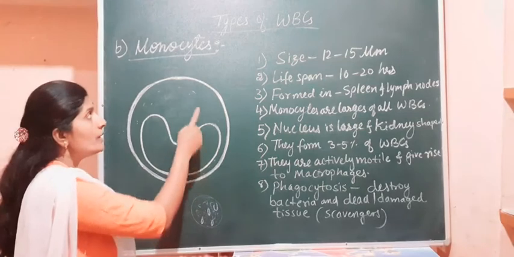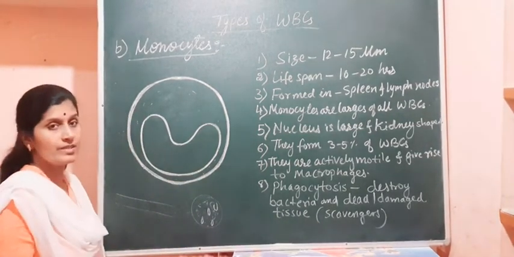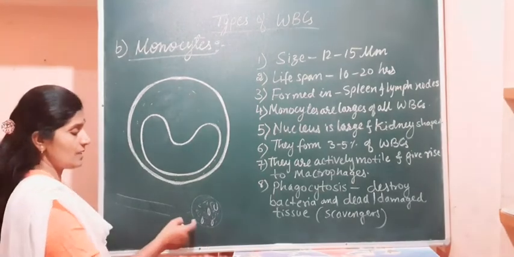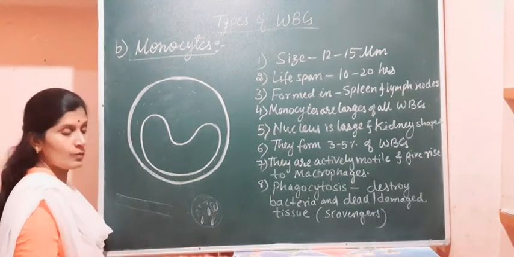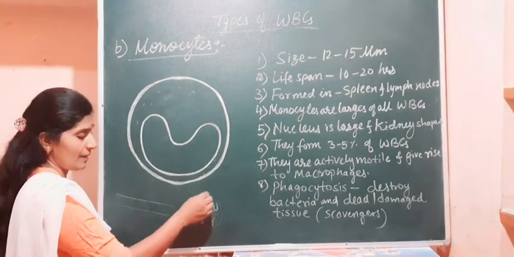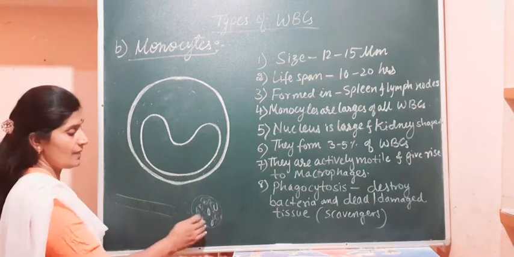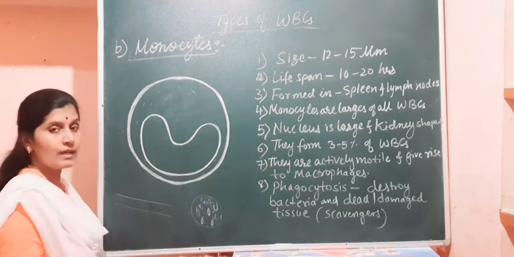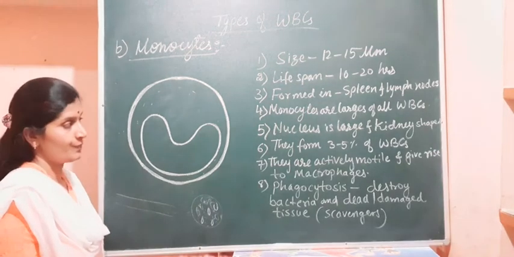So these monocytes have got the name scavengers. Scavenger means they clean up this matter; they eat the dead particles, dead tissues or bacteria, and in this way make the area clean.